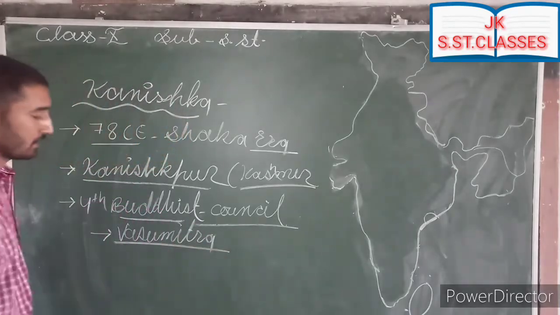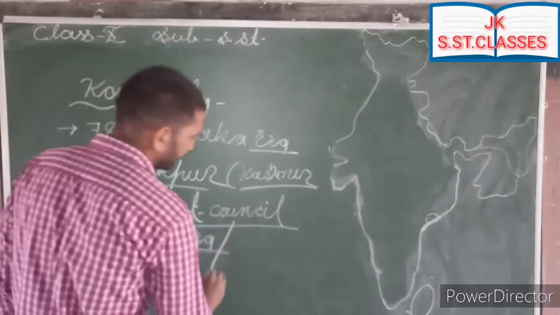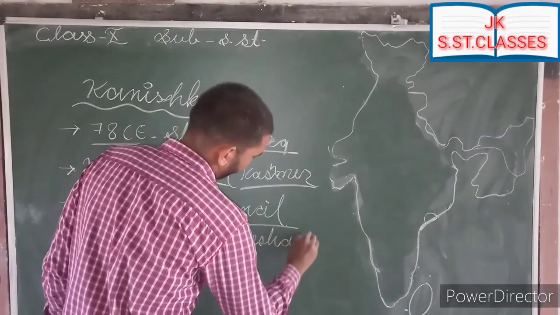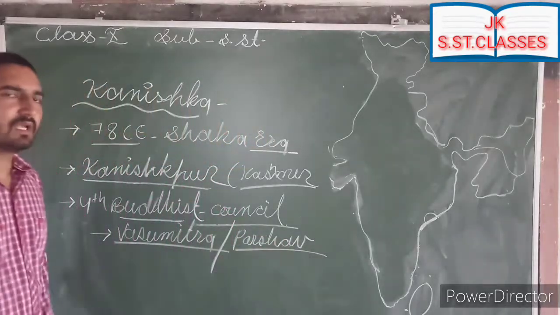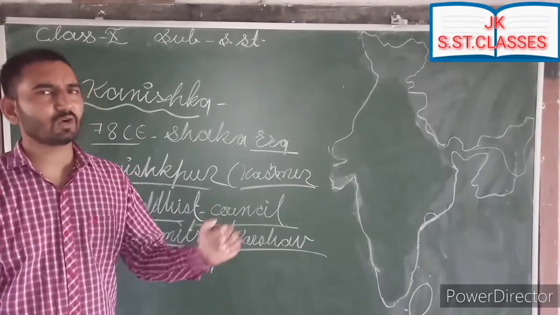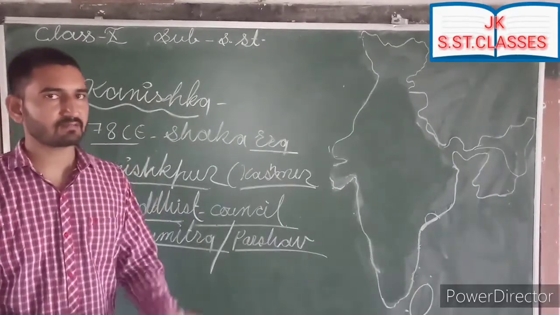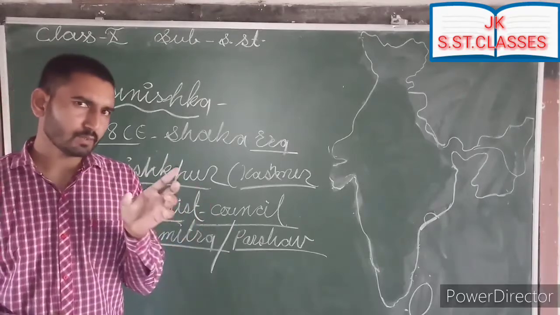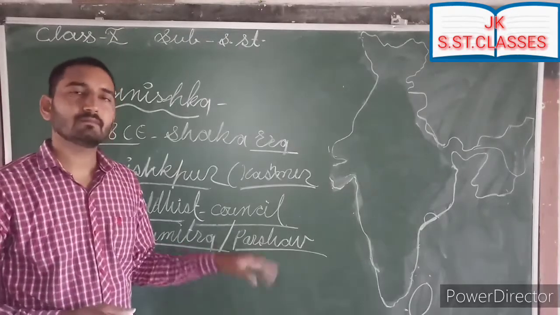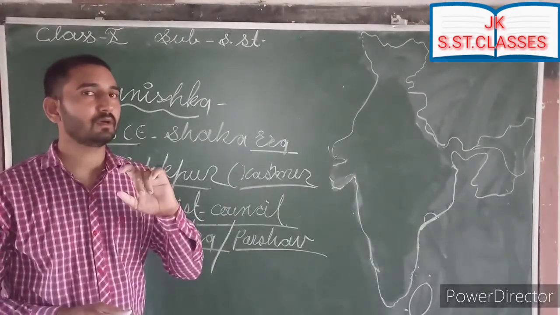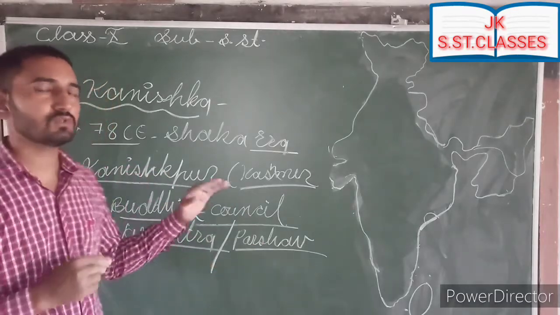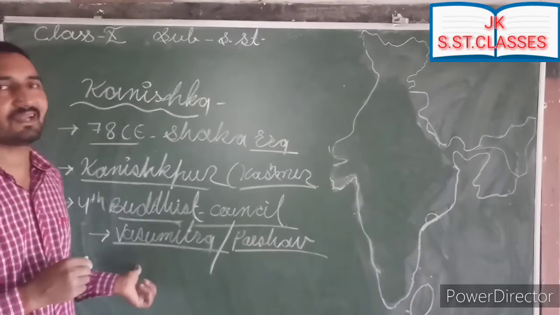But in RBSE book you will find Parsav here. Okay, guys, there are three major Buddhist scholars present in the court of Kanishka: Ashwaghosh, Parsav and Vashumitra. According to some inscriptions or some historians, Parsav led the fourth Buddhist council, but if we talk in percentage, then according to most of the historians, Vashumitra chaired that meeting.